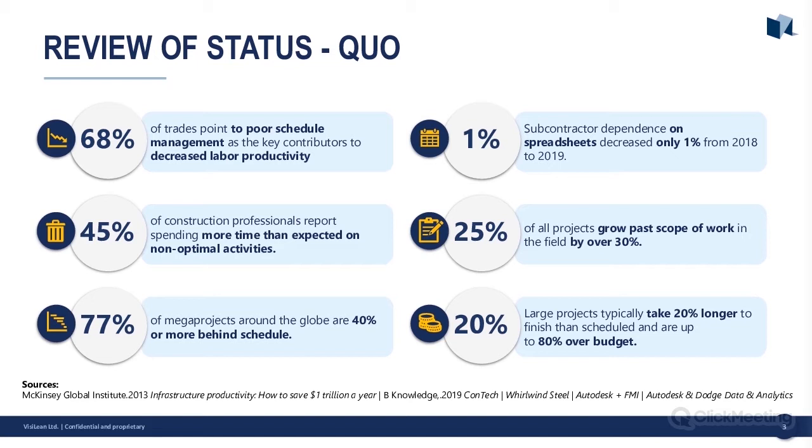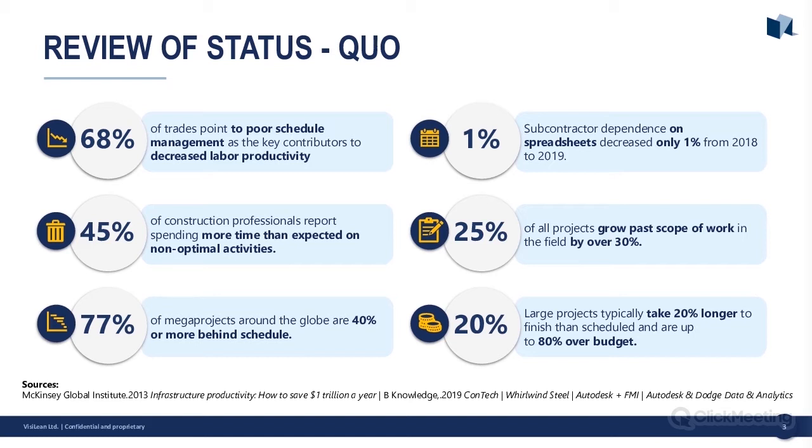But we'll touch upon that later as well. 77% of mega projects around the globe are 40% or more behind schedule. If we think of the costs associated with these projects, if they're delayed, those can run into millions, hundreds of millions. So there's loads of scope to become more efficient.